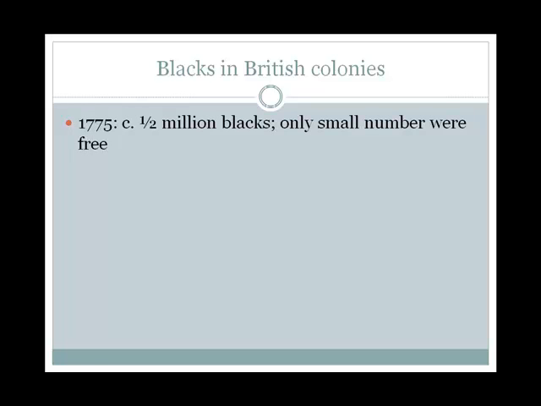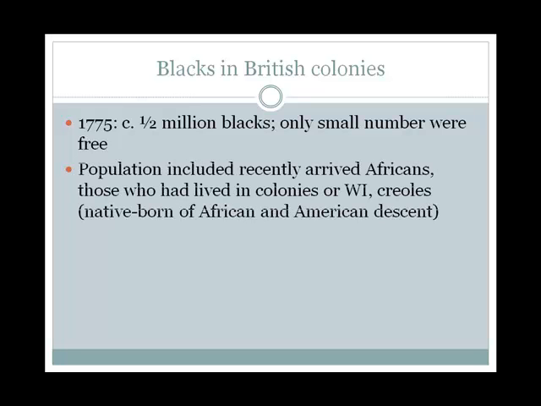By 1775, there are about 500,000 blacks in the British colonies. Only a small number of that 500,000 are free.